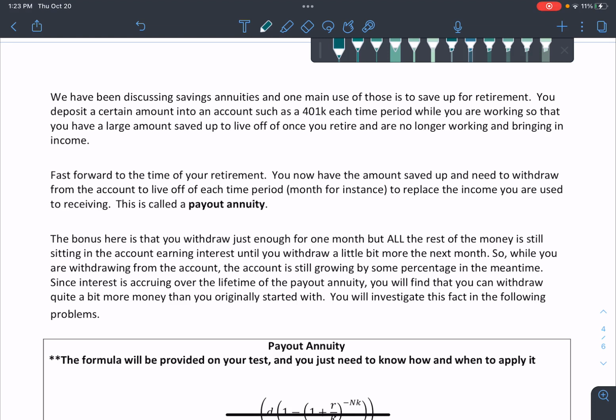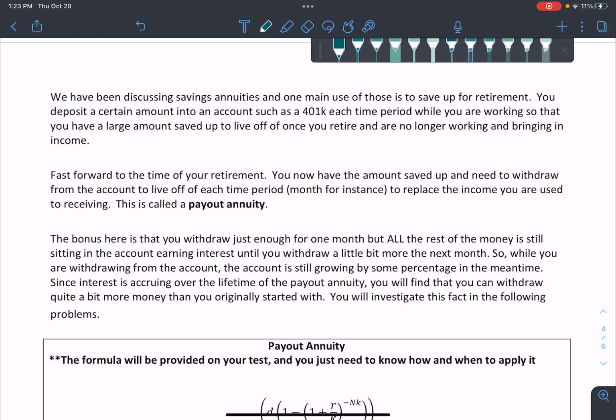The reason why you don't want to take it out all at once is because while you slowly take the money out, what's still happening to the rest of the money in the account? While you're taking out your little bit every month in retirement, the rest of the money sitting in that account is still earning some interest.